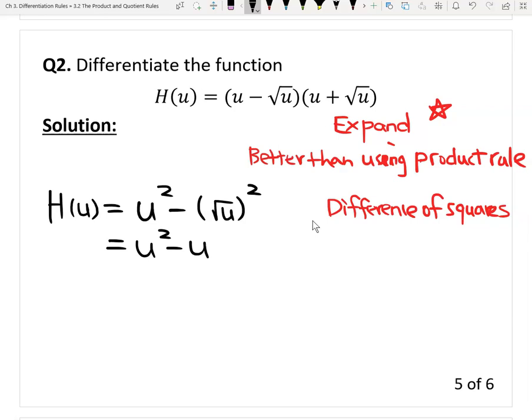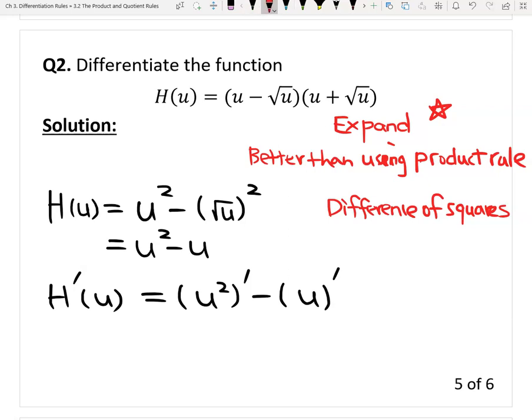How simple is the function h(u)? It's a polynomial, right? Simple. If it's a polynomial now, we can directly take the derivative of this polynomial, which is the derivative of the first minus the derivative of the second. Of course, we take the derivative with respect to u, so the variable is u.